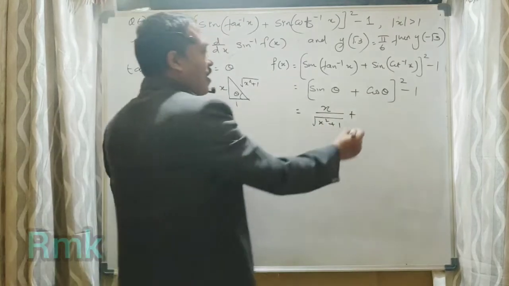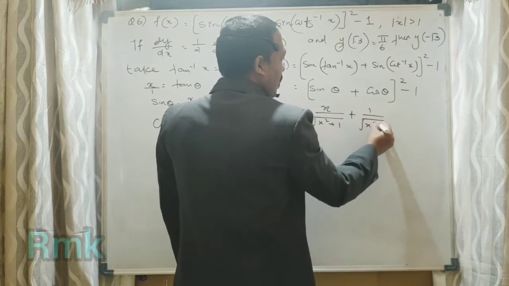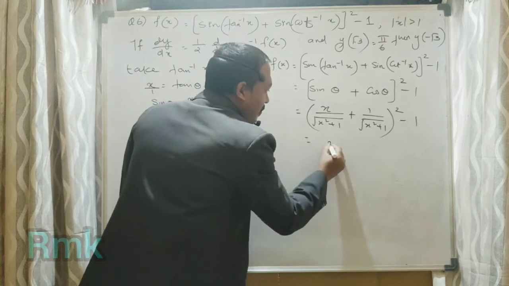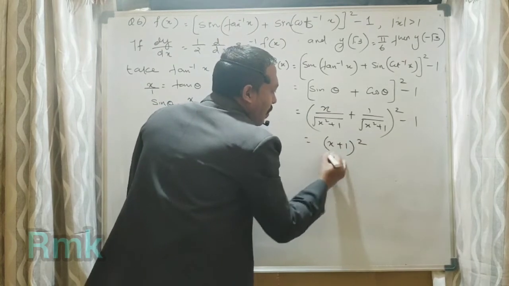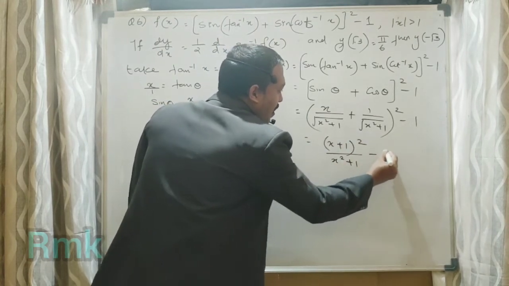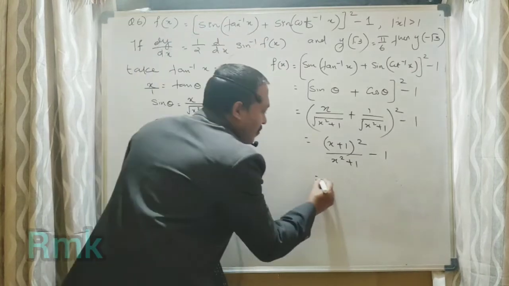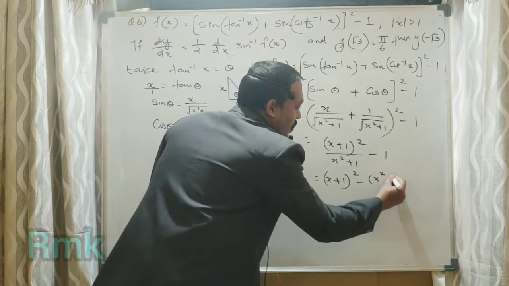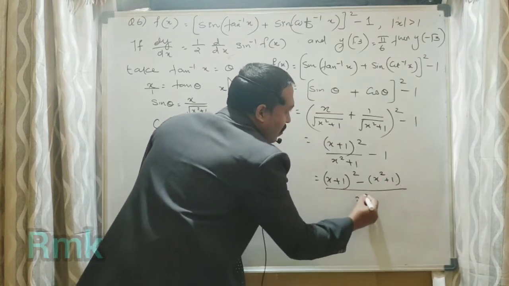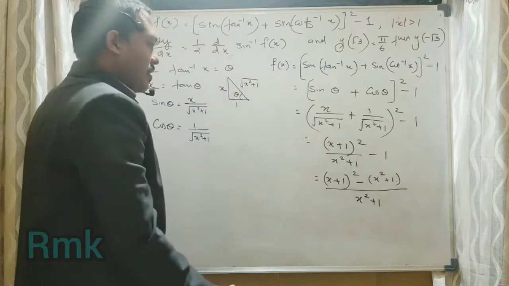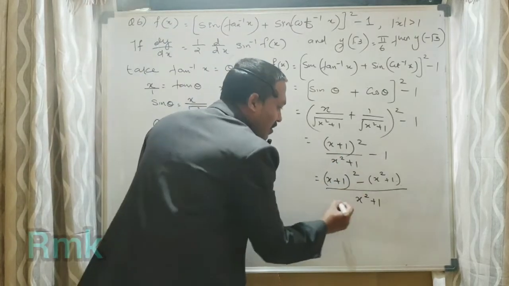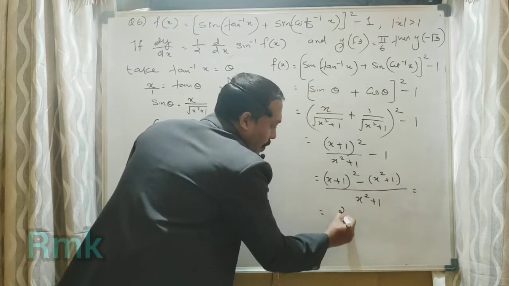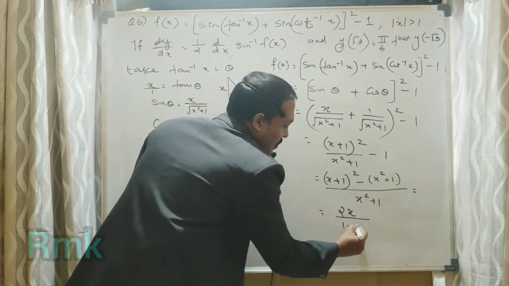Cos theta is 1 by root of x square plus 1, the whole square minus 1. That is (x plus 1) whole square by x square plus 1 minus 1. Crossing, it is (x plus 1) whole square minus (x square plus 1) divided by x square plus 1. That is cancelling x square, cancelling 1, it is 2ab. Here 2ab is 2x, so 2x by 1 plus x square.